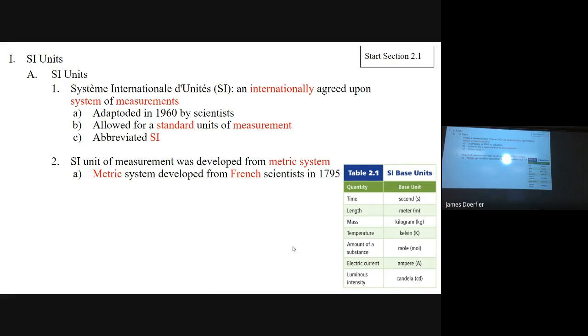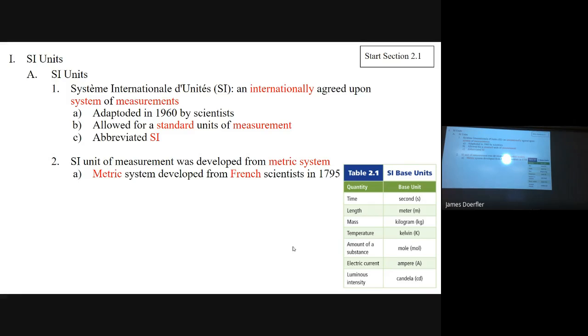In the scientific community, this is probably one of the most important pieces that we can use, and those are called SI units. I do not speak French. Système International d'Unités. Basically just SI units. That seems a lot simpler, right? They are an internationally agreed upon system of measurements.